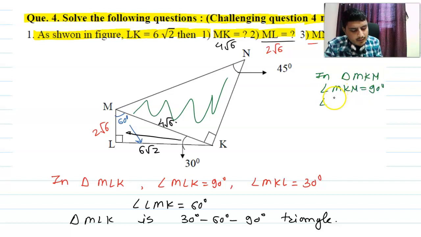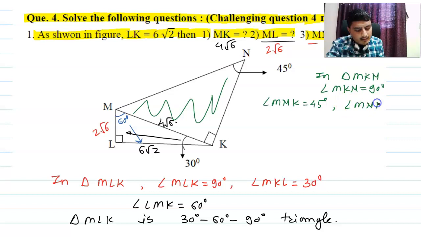As per the given, we have angle MNK equal to 45 degrees. Since the sum of all angles of a triangle is 180 degrees, the value of the remaining angle NMK equals 180 minus 90 plus 45, which is 135, so we get 45 degrees. So here we can write that triangle MKN is a 45, 45, 90 degree triangle.